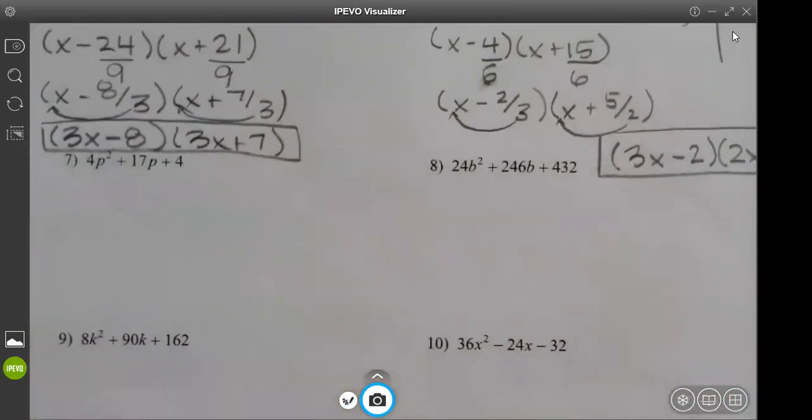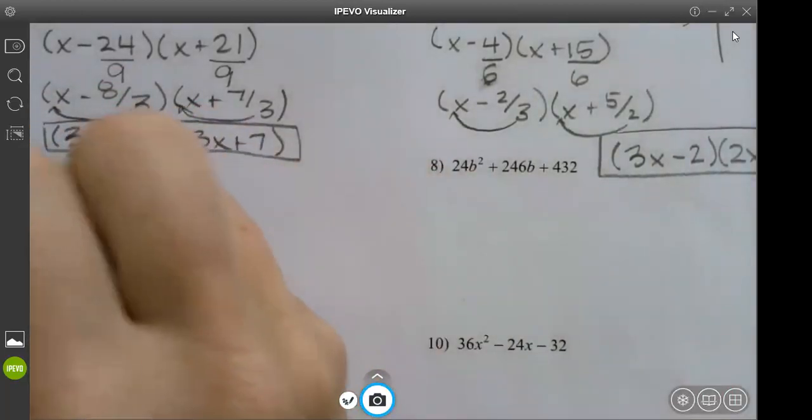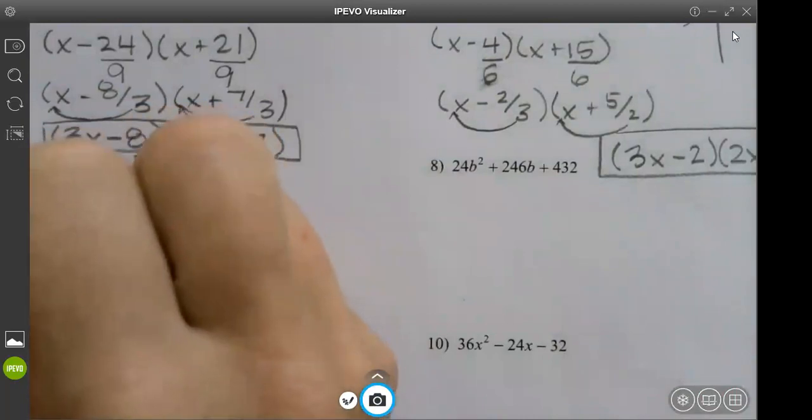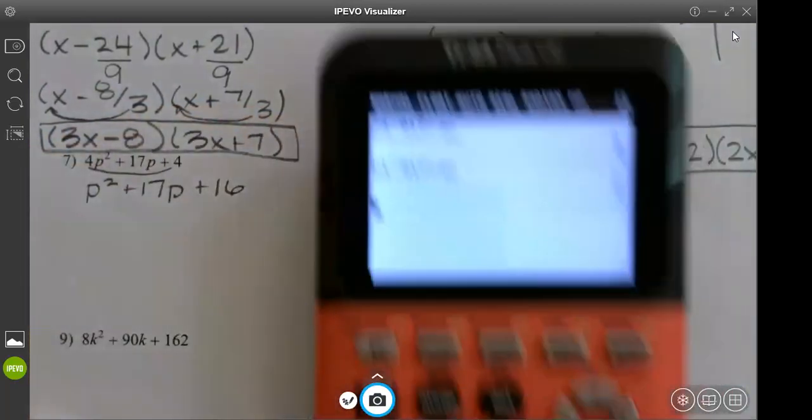All right, number 7, 8, 9, and 10 are exactly the same. There's bigger numbers. Okay, 7's like your last little bitty number. So we're going to slide this 4 over. We get p squared plus 17p, and 4 times 4 is 16.